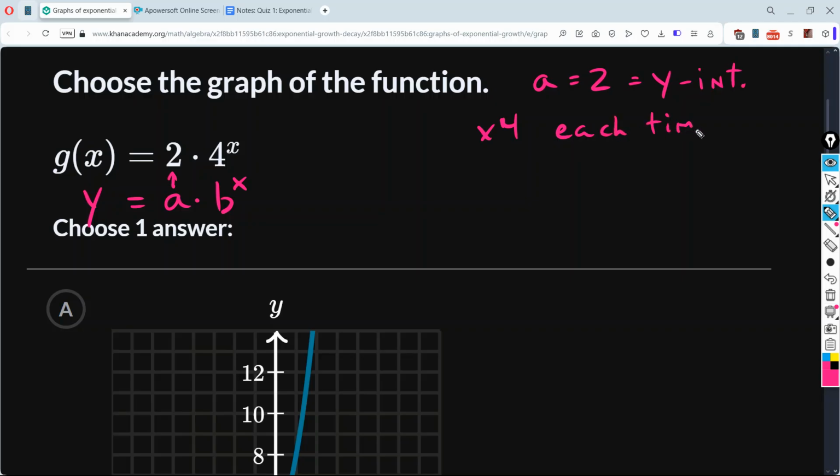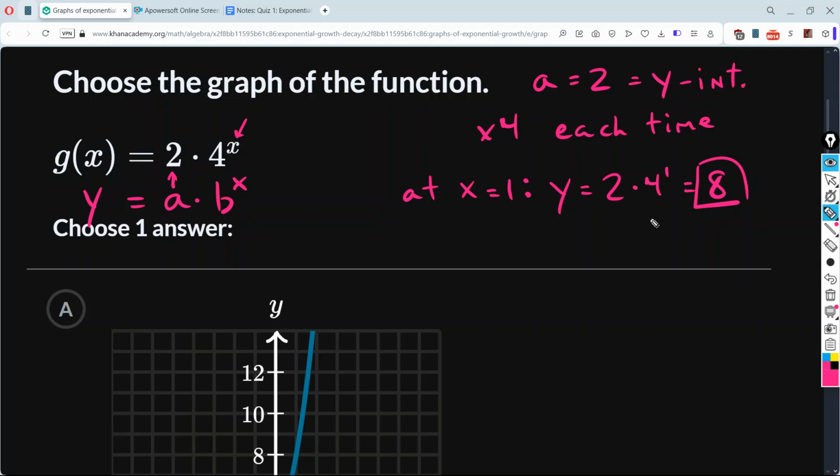So at x equals 1, if you plug in 1 in place of x, it's going to be y equals 2 times 4 to the 1. 4 to the 1 is just 4, and 2 times 4 is 8.